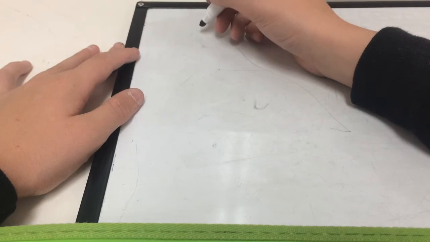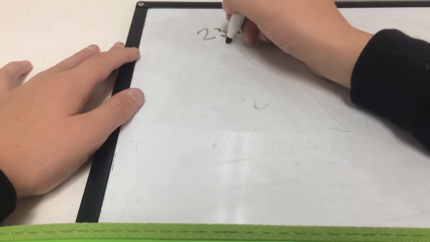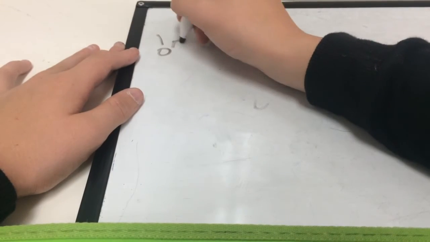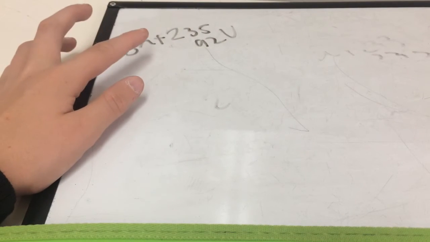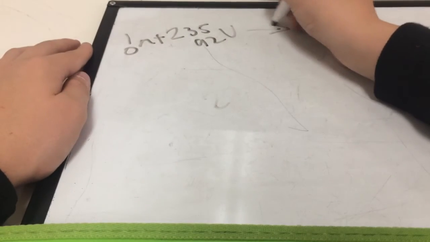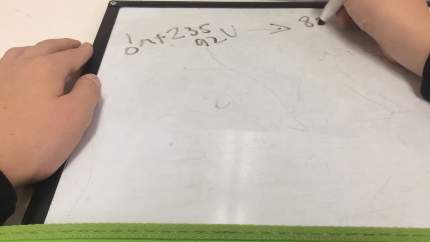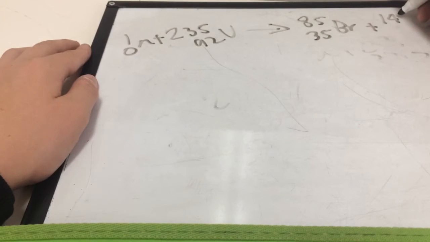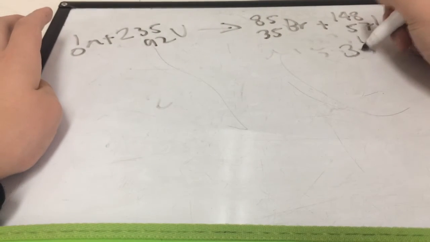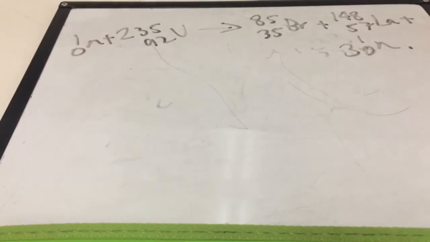The way we'd write this, I hope you attempted this, is: a neutron together with uranium-235 will produce bromine-85, lanthanum-148, and 3 neutrons.